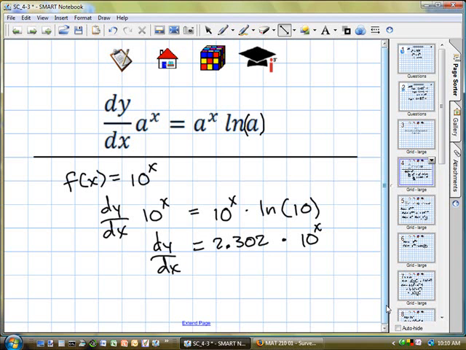Do e to the x and put this number in and see if you get 10. It might be more exact than 2.302, but you should get something really close to 10, right? Okay. So there it is. The answer is that number, 2.302 times 10 to the x.